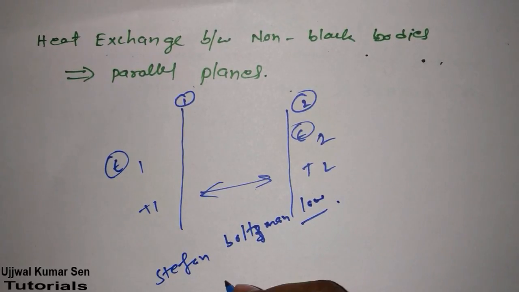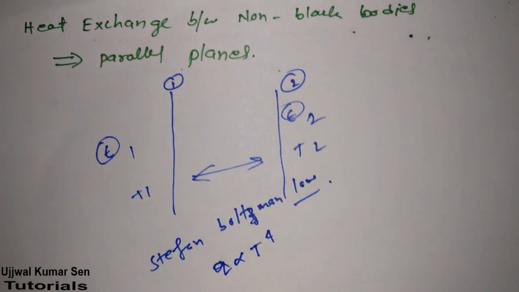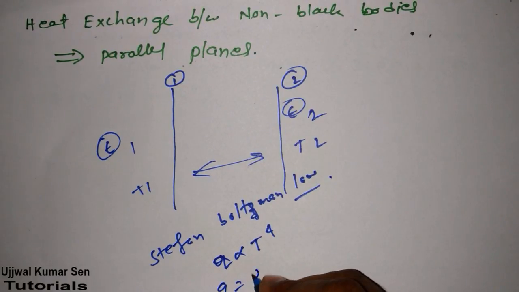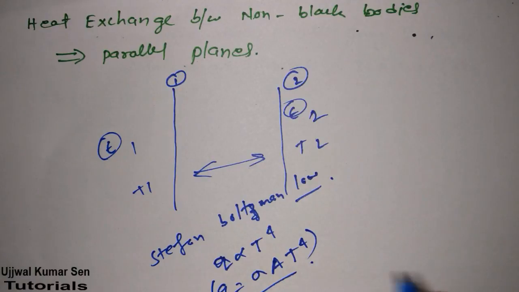According to this law, Q is directly proportional to T to the power 4. That's why Q is equal to sigma A T to the power 4. This is the main formula of this law.